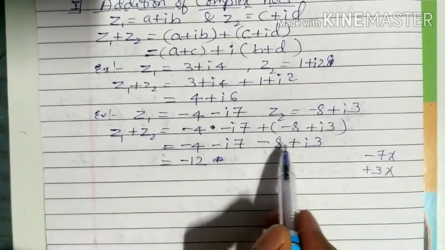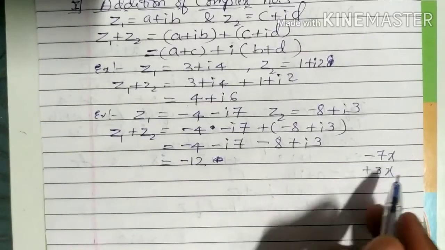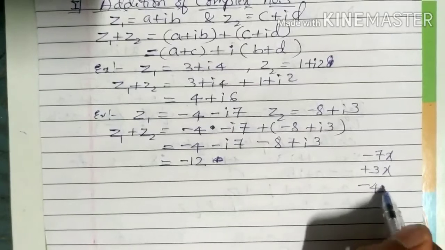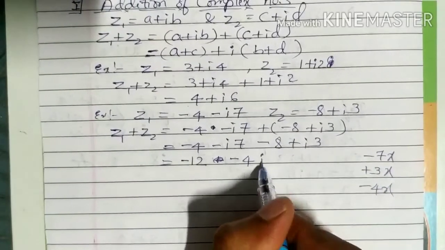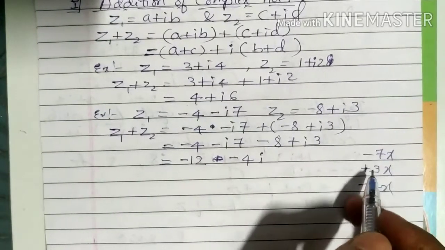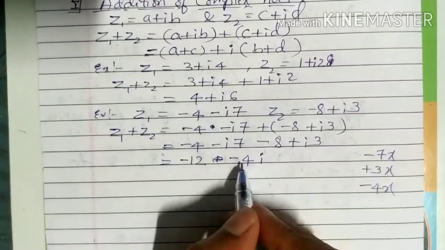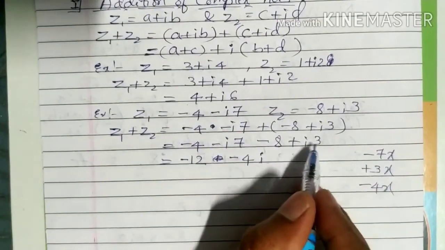So minus 7i plus 3i is nothing but minus 4x, right? So therefore you can write minus 4i. You can consider i as x, and if you know how to calculate addition and multiplication for x algebra, like that also you can simplify. So minus 7i plus 3i is equal to minus 4i.